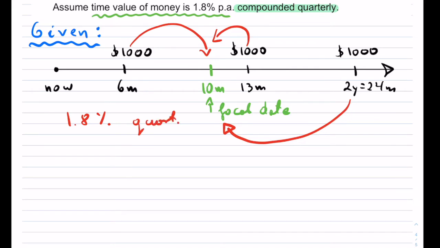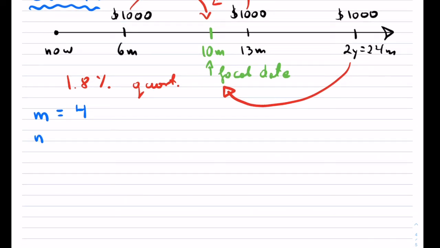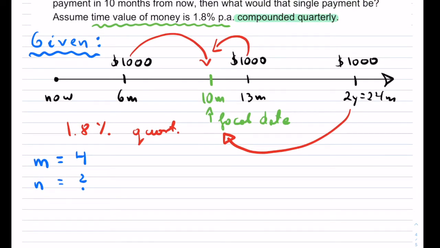Now I do know that it is 1.8%, and it is quarterly. So in terms of my givens, at least for this particular question, it is compounded, so first figure out M. It's compounded quarterly, so M is 4, because we have 4 terms per year. Then N is going to be different for every single one of them. If you move this, N is different.